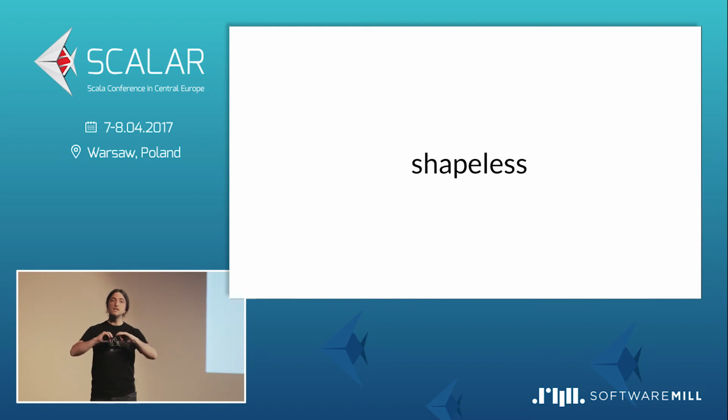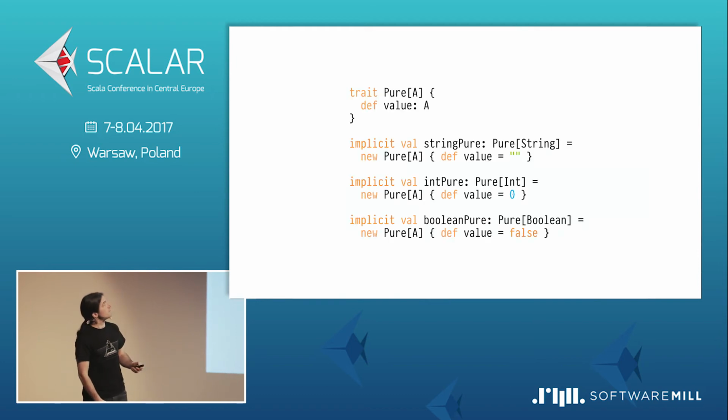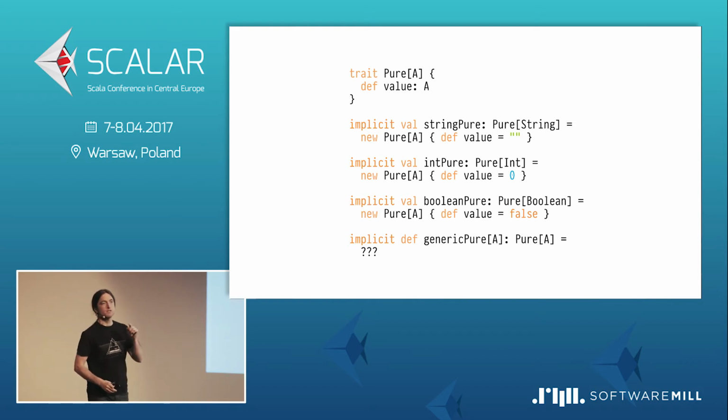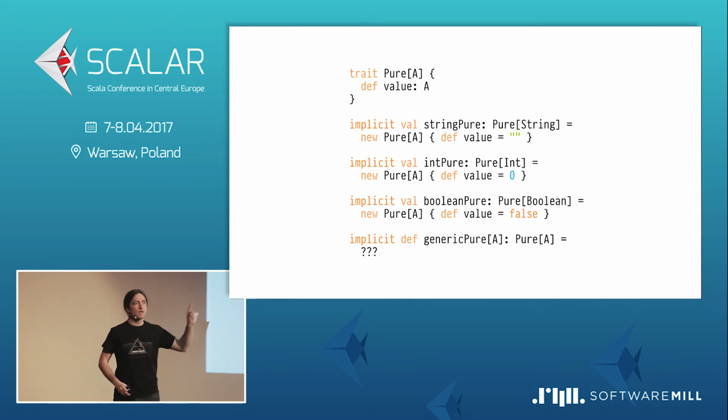So I'm going to really go fast over the definition of this in shapeless, but we're still using our type class, and we're going to add another instance of our type class. So previously, we only used this type class to insert parameters to the constructor. Now we're going to use the type class to do the whole constructor as well.